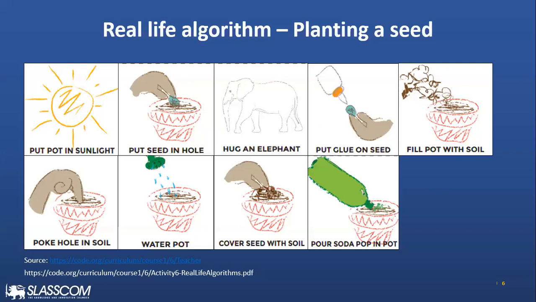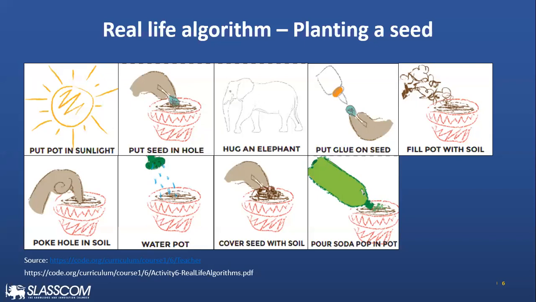No. What about fill pot with soil? Yes. Poke hole in soil? Yes. Water the pot? Yes. Cover seed with soil? Yes. And pour soda pop in pot? No way, because if you do that, that's the last thing you would ever do.